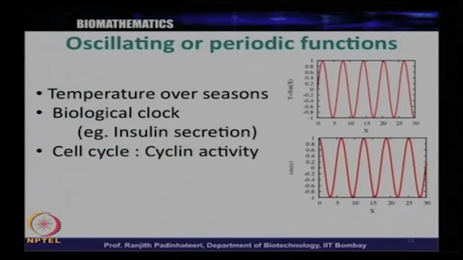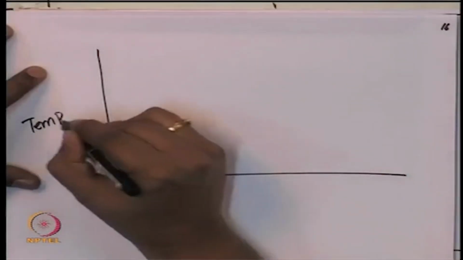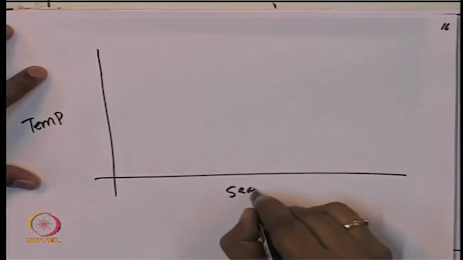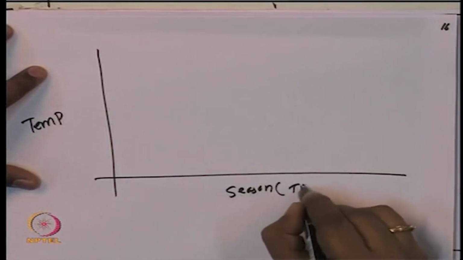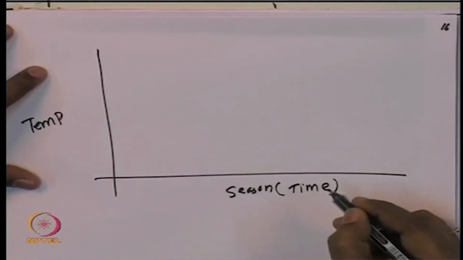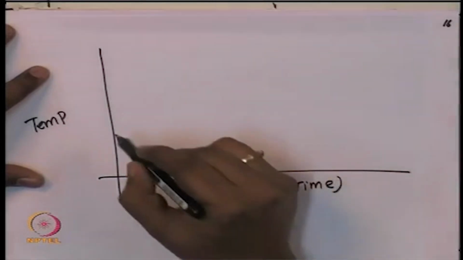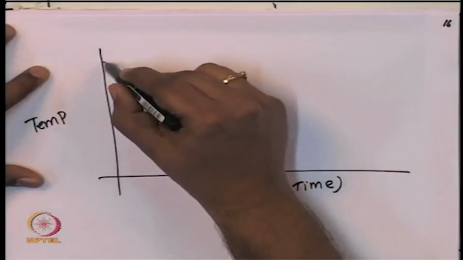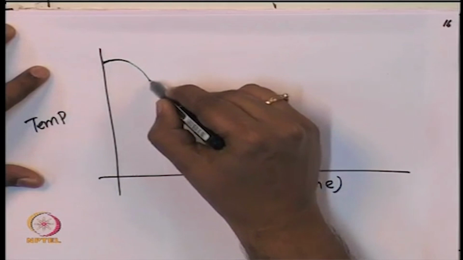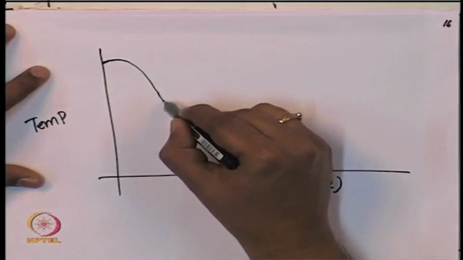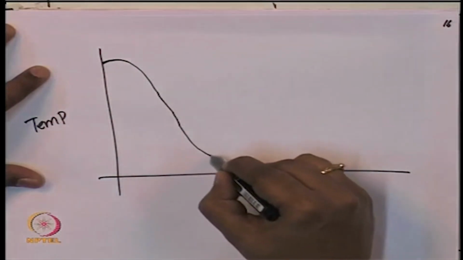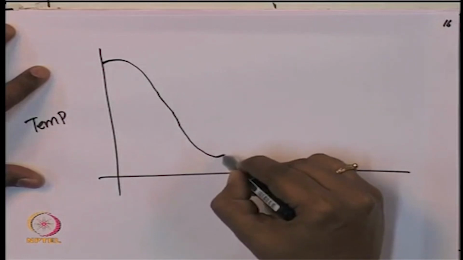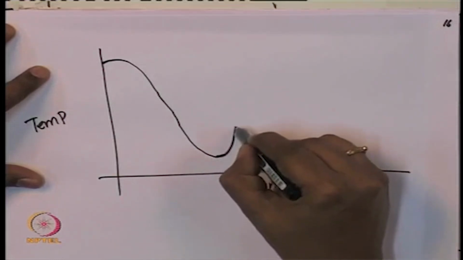So, temperature in the summer is maximum, and so let's have a look at it. If you plot temperature against season, or time, you will see that temperature in summer is maximum, and as the rainy season comes the temperature decreases, and as the winter comes temperature reaches a minimum value in January, then it again increases.